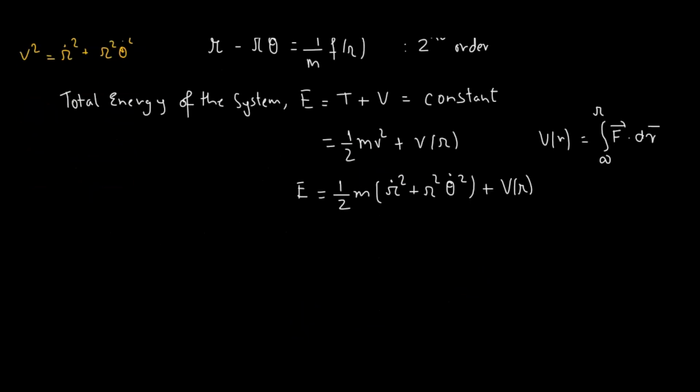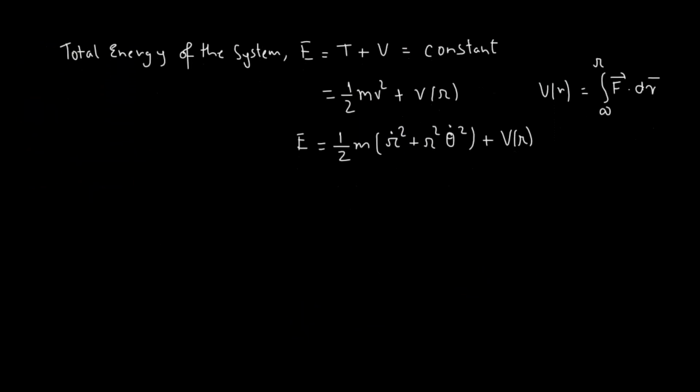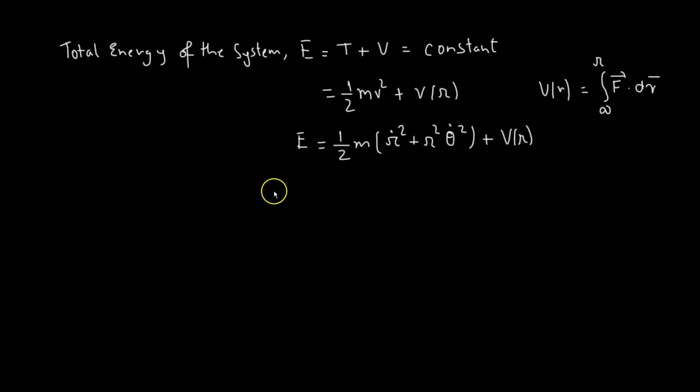Now we will use this expression and try to write the equation in terms of r dot. Let me write down the result straight away, as that is a very simple algebraic manipulation. So we will get r dot squared equals 2E over m minus 2 V of r divided by m minus r square theta dot squared.